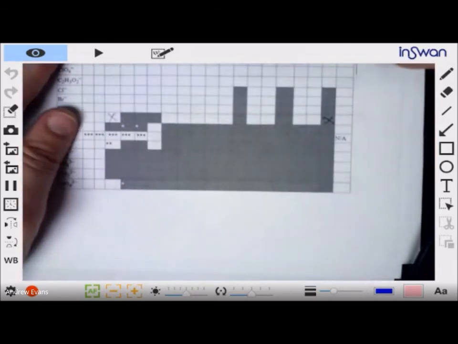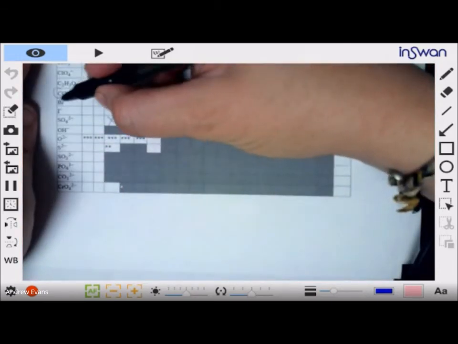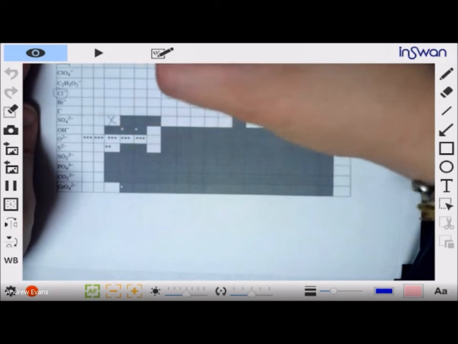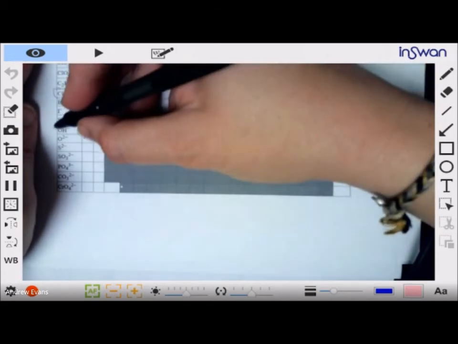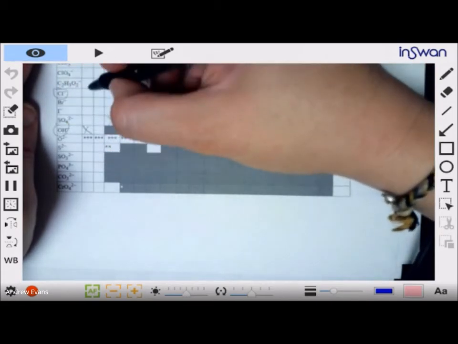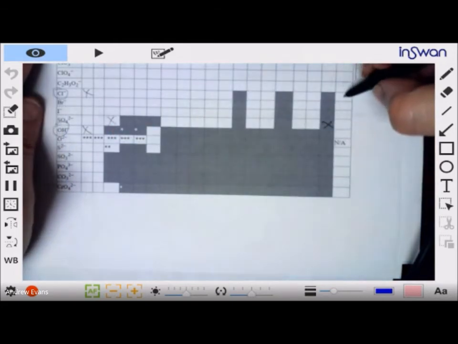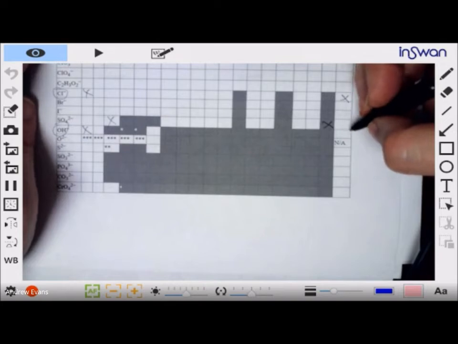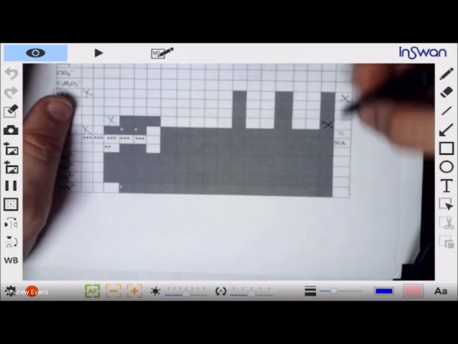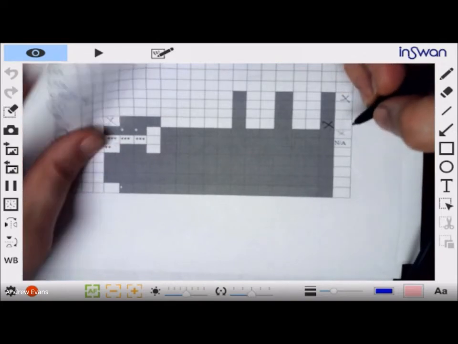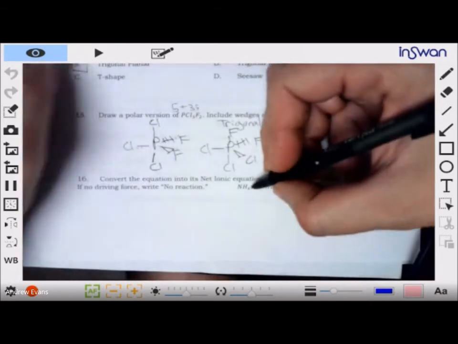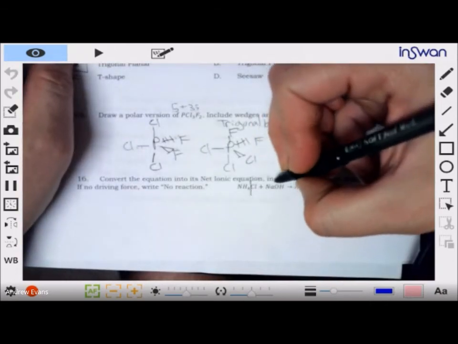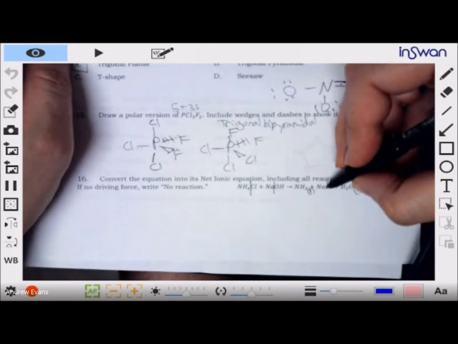So ammonium, here's our chloride, here's our sodium, and our hydroxide. Sodium hydroxide, sodium chloride. Ammonium chloride, technically ammonium hydroxide, but that's not really either way. So this breaks apart, this is going to break apart, this is going to break apart.